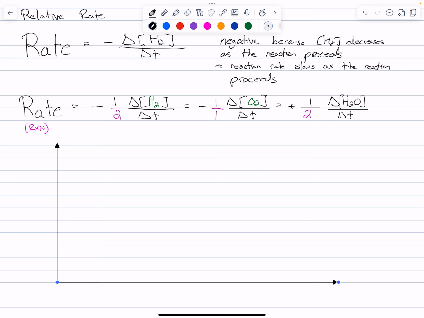So again, if we have time here, and we have the concentration of whatever reactant, we'll use H2 again, just because we have been. Something like that. Now, there is something called an average rate.